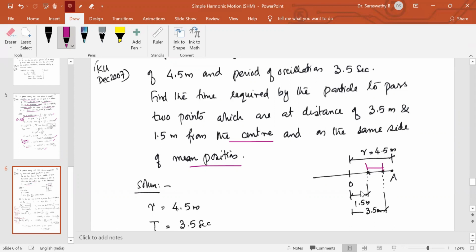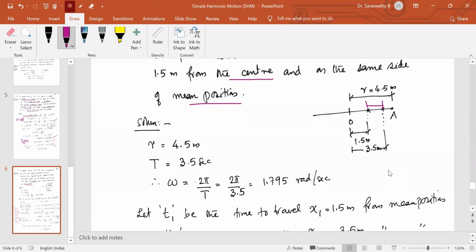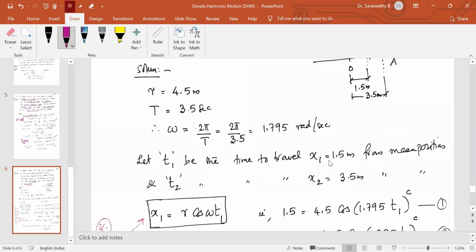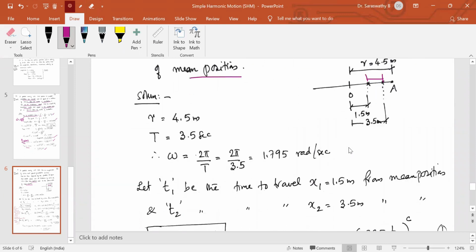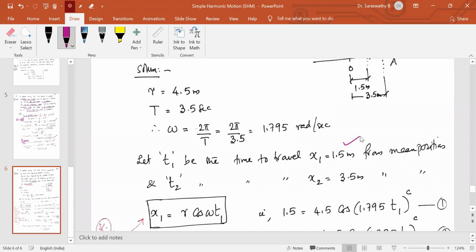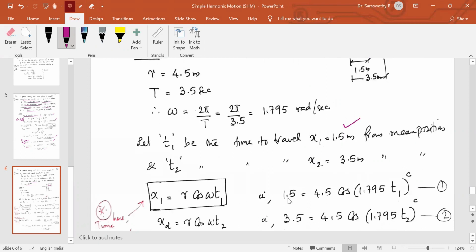Let us write x is equal to r cos omega t. Here the time is measured from the extreme position. Let t1 be the time taken to travel to 1.5 meter. So x1 is equal to r cos omega t1, and this is in radians.